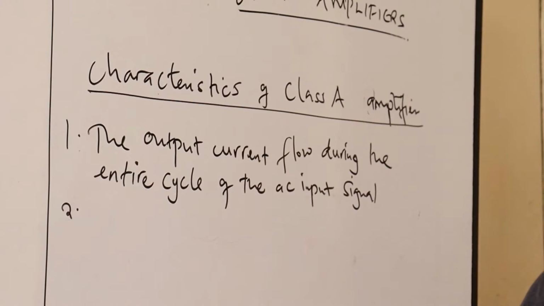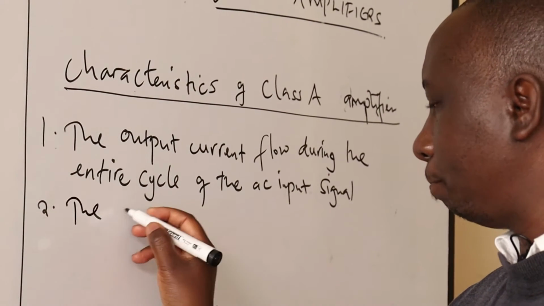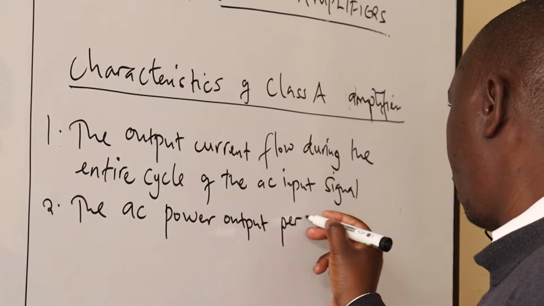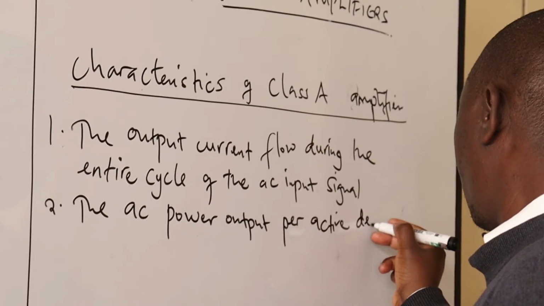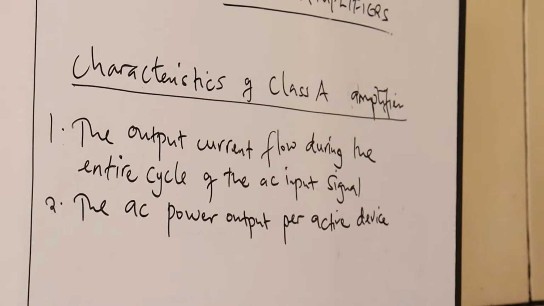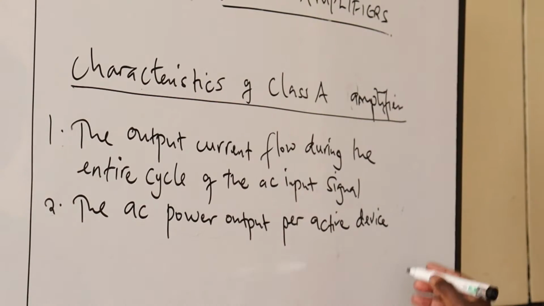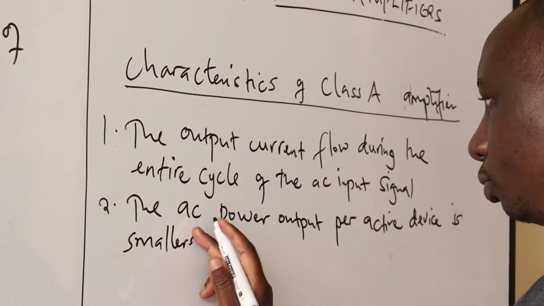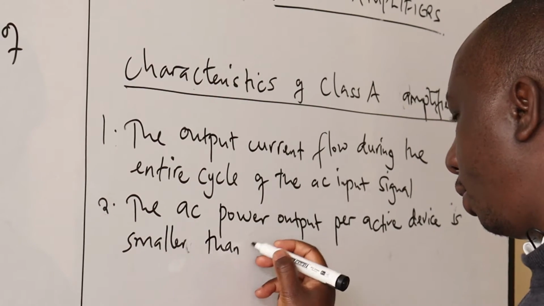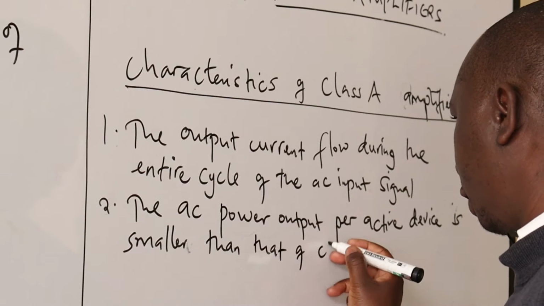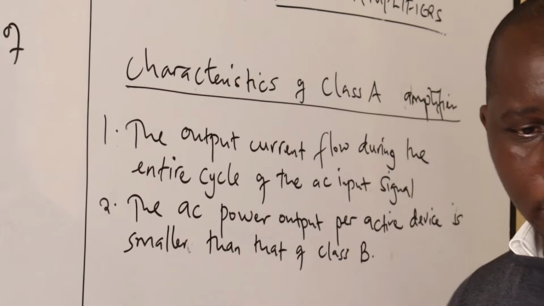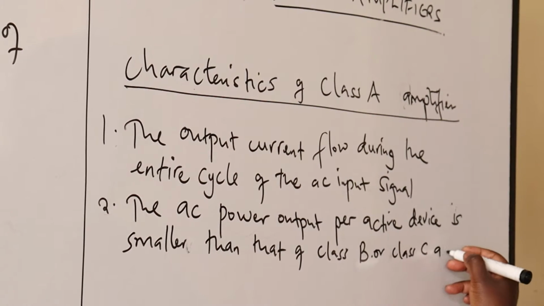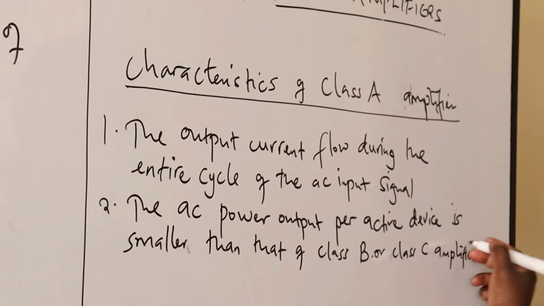Number two, the AC power output per active device is smaller than that of class B or class C amplifier.